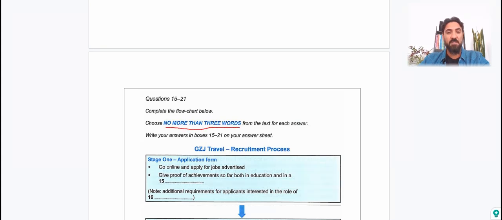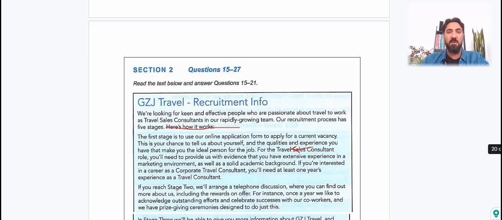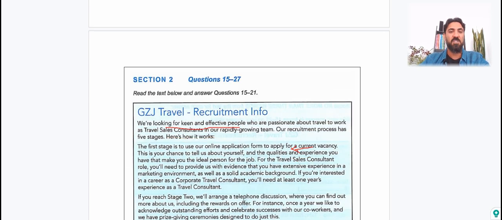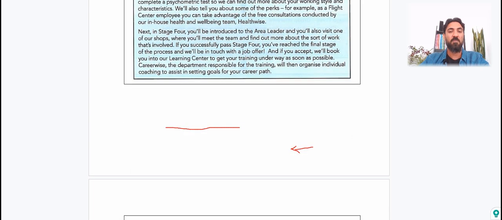So you write your answer about GZJ travel recruitment process. So they are recruiting some people, they are giving some people some jobs. You need to read the text and answer the questions which we have here. So this is the text, GZJ travel recruitment information.